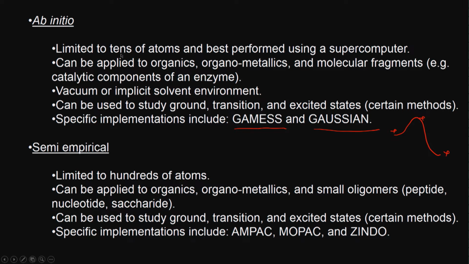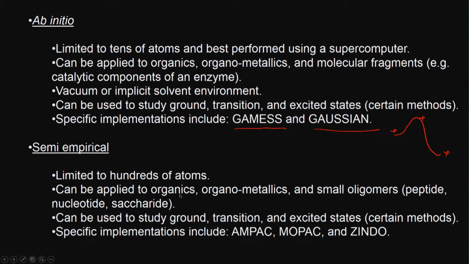Semi-empirical methods: where ab initio handles tens of atoms, we can go to hundreds of atoms or even larger. As I said before, if you are looking at thousands of atoms, we will not go for quantum mechanics; we have to go for molecular mechanics. Semi-empirical methods are limited to hundreds of atoms and can be applied to organics, organometallics, oligomers, small peptides, nucleotides, saccharides. We can look at ground state, transition state and excited states, but of course this will be less accurate than ab initio.